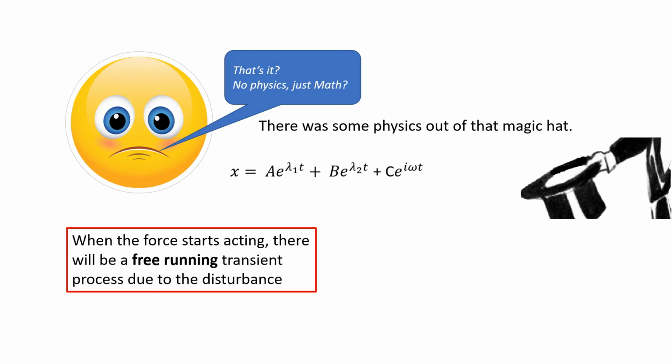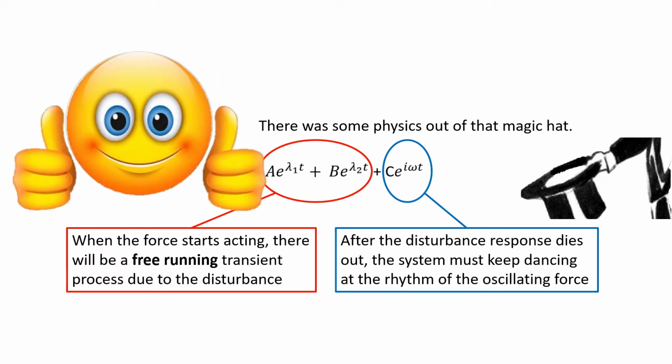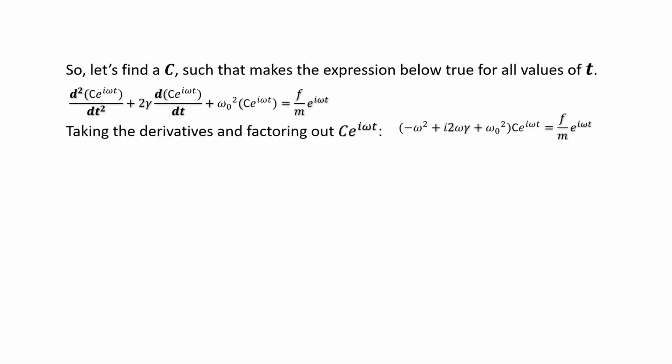When the force starts acting, there will be a free-running transient process due to the disturbance. After the disturbance response dies out, the system must keep dancing at the rhythm of the oscillating force. So let's find c such that makes the expression below true for all values of t.